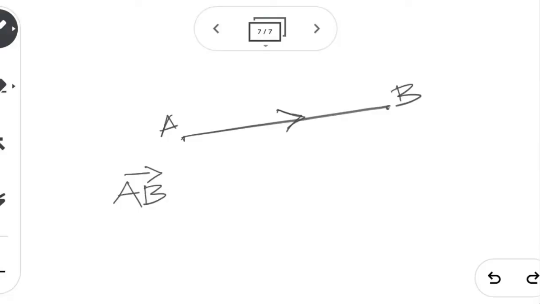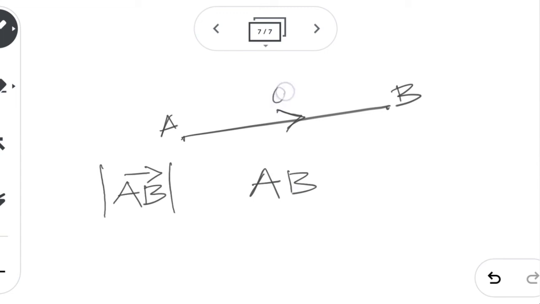And the magnitude of this vector AB, magnitude meaning its length, is denoted by mod of vector AB. It is read as magnitude of vector AB, or simply we can write AB. AB without the vector symbol means its magnitude.